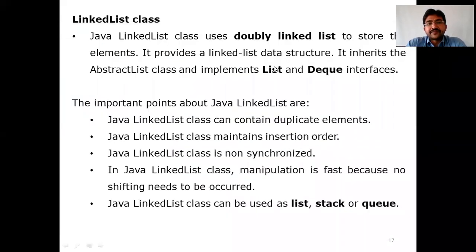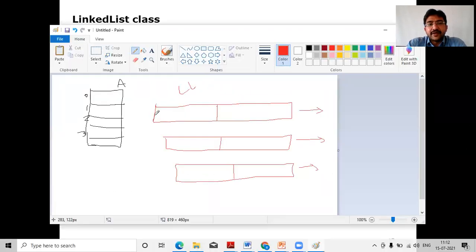Now coming to the topic, the Java LinkedList class uses a doubly linked list. Doubly linked list means from the first side, that is from the front, we can insert elements. From the end, that is from the last, we can also insert elements, or we can remove elements. We can insert or remove elements from both ends.